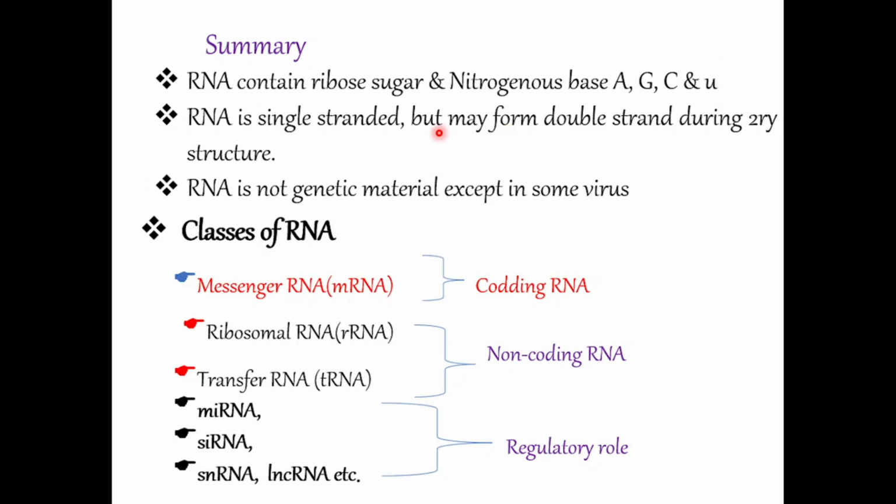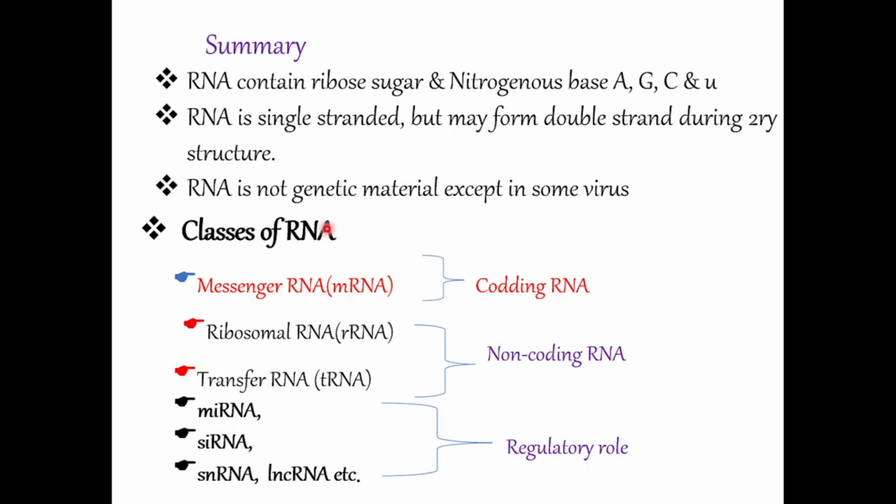RNA is single stranded, but may form double-stranded regions during secondary structure formation because of complementarity. RNA is not genetic material except in some viruses. Rather, it is very important in the process of protein synthesis.